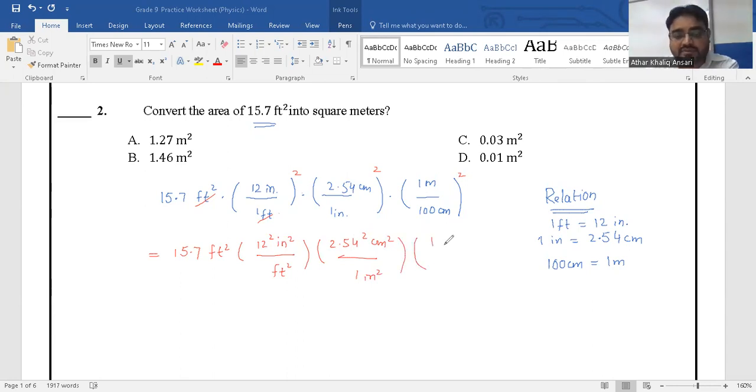It's 1 square meter over 100 squared square centimeter. So now I will cancel square feet by square feet, square inches by square inches, square centimeter by square centimeter.